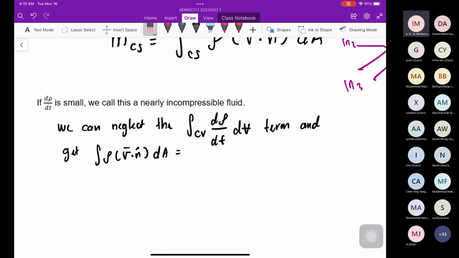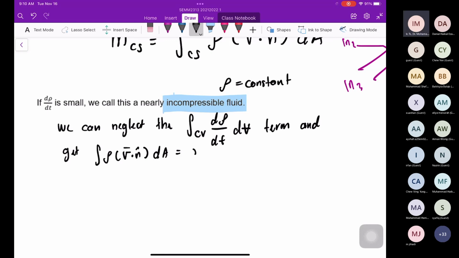The rho now becomes constant. It is no change over time. For example, this is under incompressible, that means it is very hard to compress, like water. But you must understand at different temperature, it might compress as well. If at room temperature, it is hard to compress. So when the density becomes constant, it is incompressible.